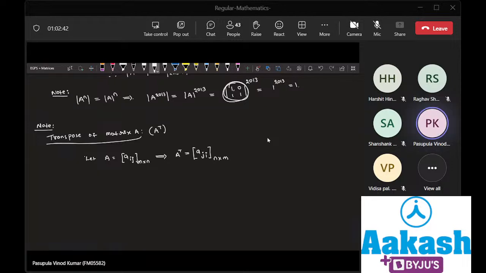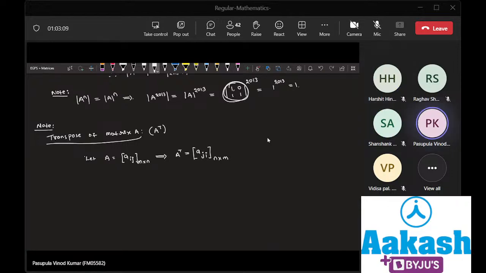This is the element of the ith row and jth column, and here it is the element of the jth column and ith row. The columns and rows are interchanged. The column variable came into the place of the row variable, and the row variable went into the place of the column variable. Do you understand? Yes, sir.